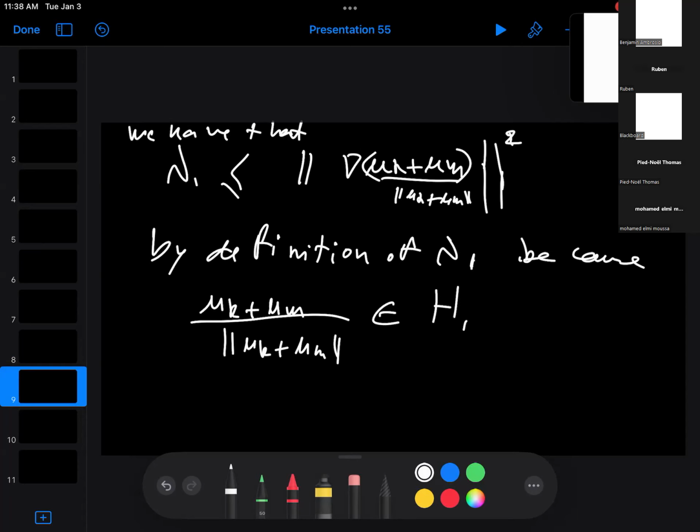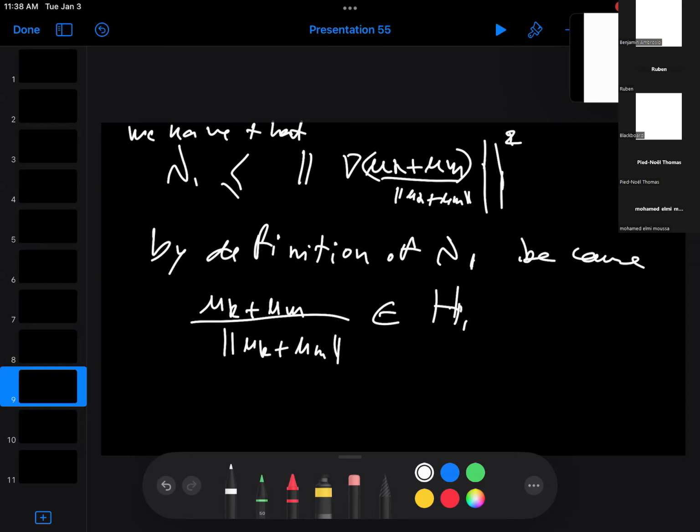This is not the Sobolev space. It's included in V, but just don't confuse the H subscript 1 with my Sobolev space H1, which I denoted by V.